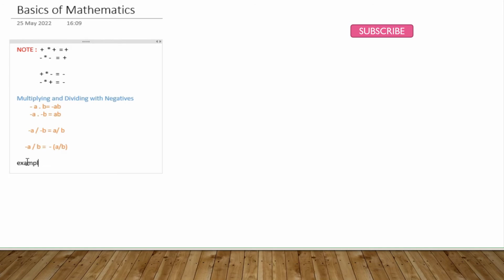Examples. If minus 5 into 5, what will you get? First you have to observe the signs. Here we can take another number for clear explanation.